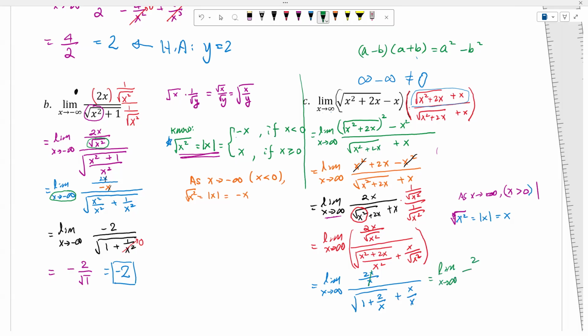So I have 2 over the square root of 1 plus 2 over x plus 1. And now this goes to 0. So in this case, I will have 2 over 1 plus 1. So my answer is 1.